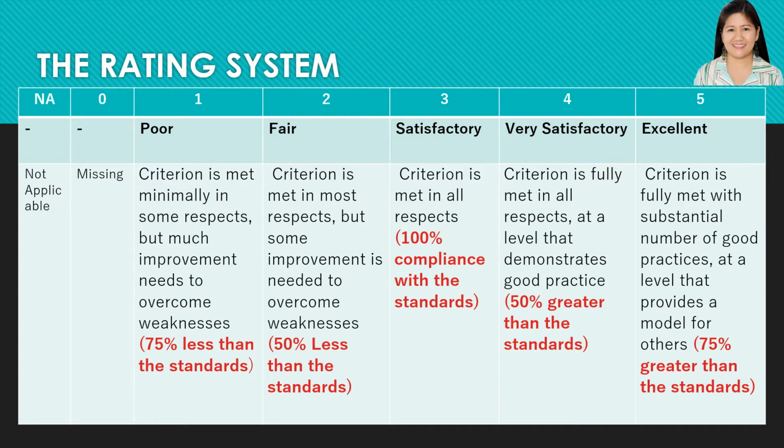In the same manner, kung binigyan tayo ng 2 na accreditor, it means fair, which refers to the criterion is met in most respects, but some improvement is needed to overcome weaknesses, which refers to the 50% less than the standards.